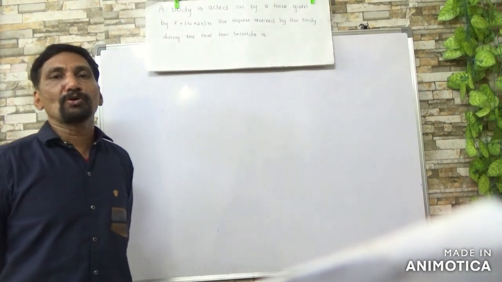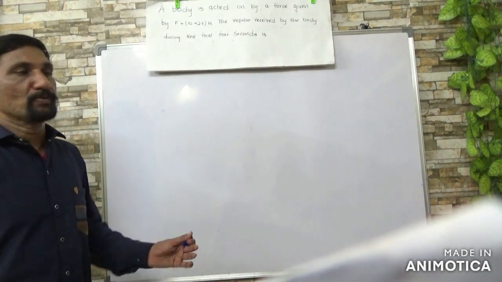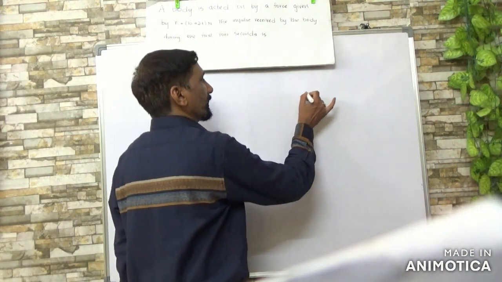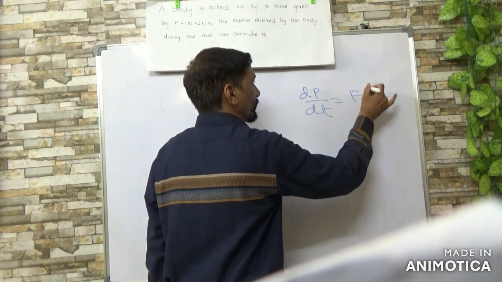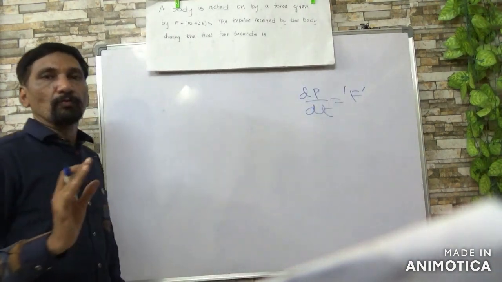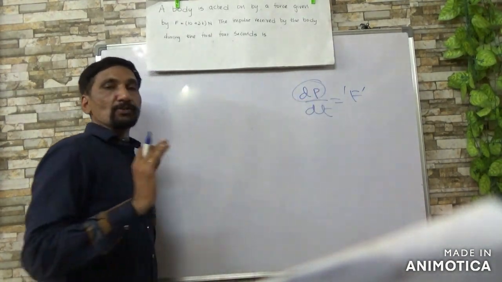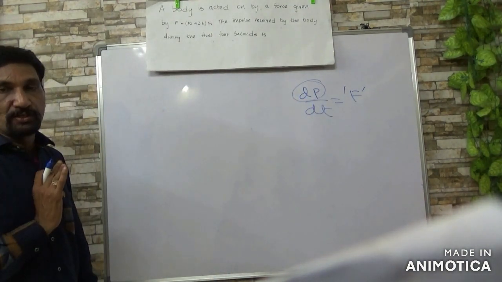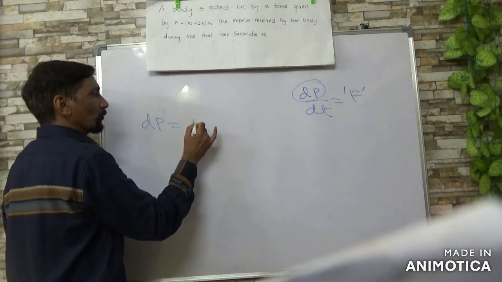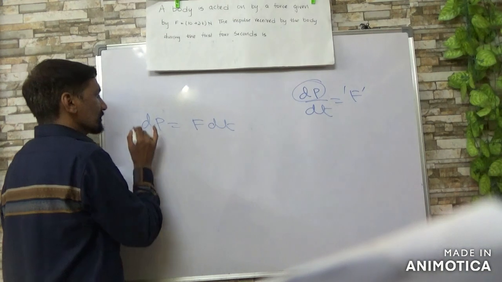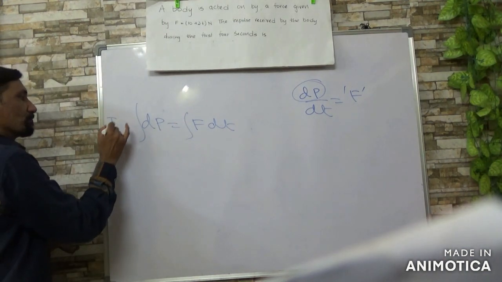Now, based on integration also we'll do some problems. Whenever momentum is differentiated with respect to time, you get force. Change of momentum is also called impulse. So dp is equal to F dt. Whenever you integrate on both sides, you get impulse.